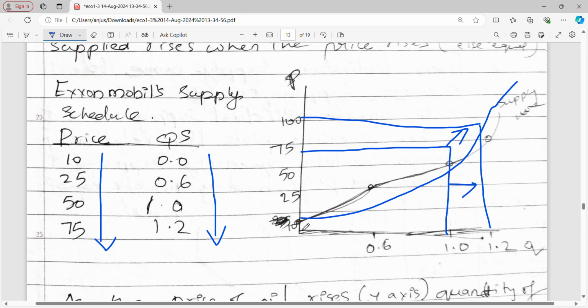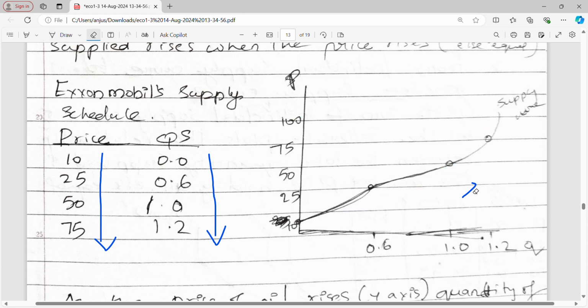Though the slope is upward sloping, it is also curved. Why might that be? It's because though they increase the supply with the increase in price, the resource is limited.